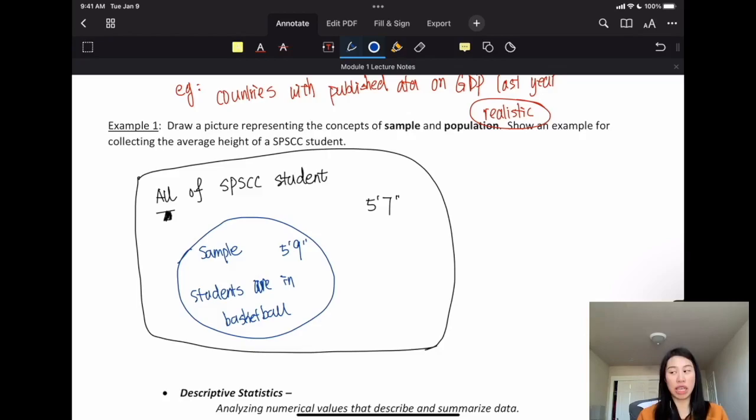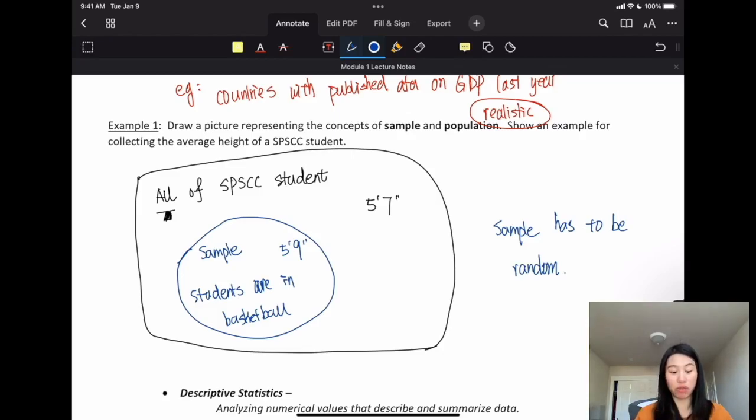So that's a really important concept: the sample has to be random. That means when you're trying to collect your sample data, you don't want to just interview students on an athletic team.